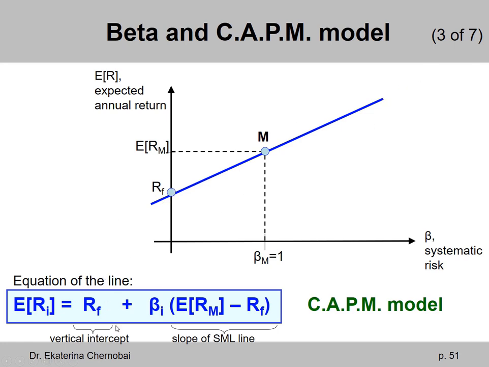Vertical intercept, that's the risk-free rate, plus the slope multiplied by the beta, right? So the slope of the security market line turns out to be the difference between the expected return on the market portfolio and the risk-free rate. The name for this line is the security market line, or SML. That's the abbreviation.